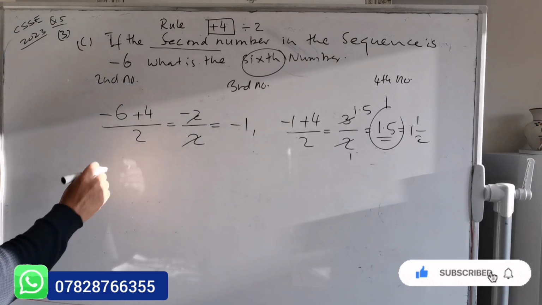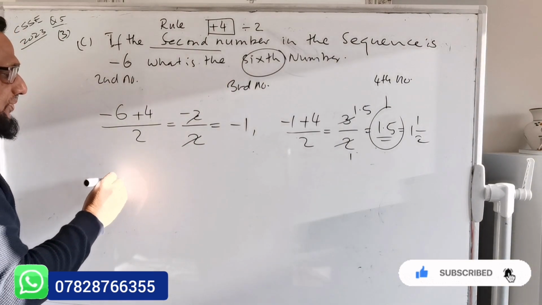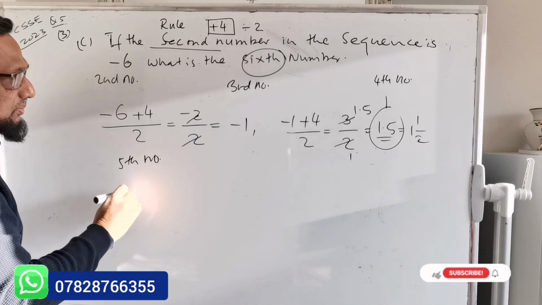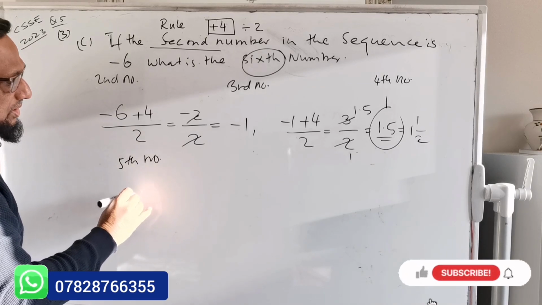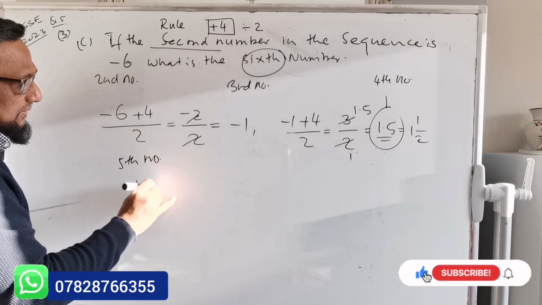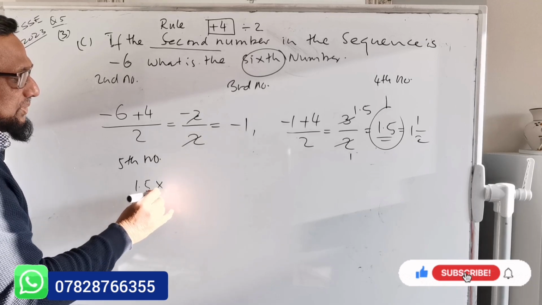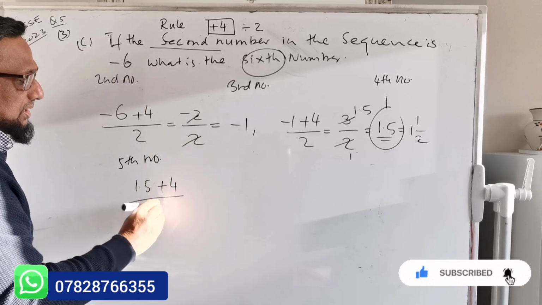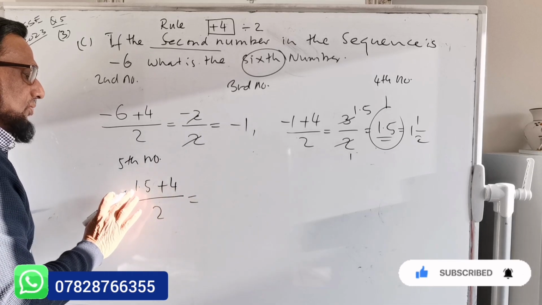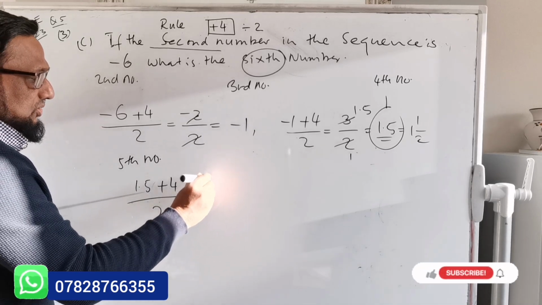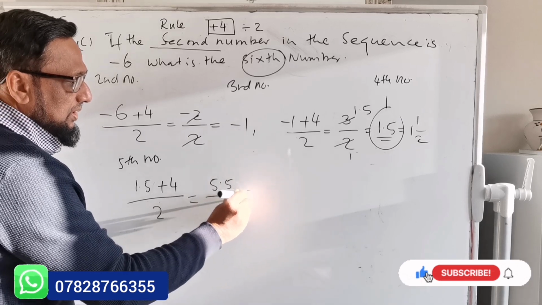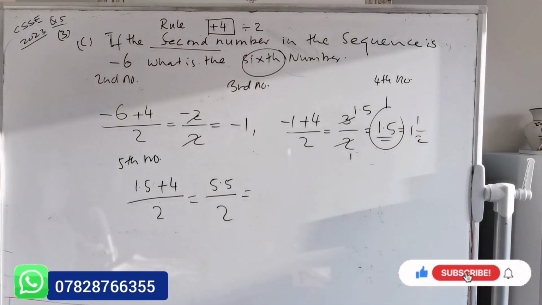And now how do we work out the fifth number? Same way: 1.5 plus 4, divided by 2. So 1.5 plus 4 is 5.5, divided by 2.